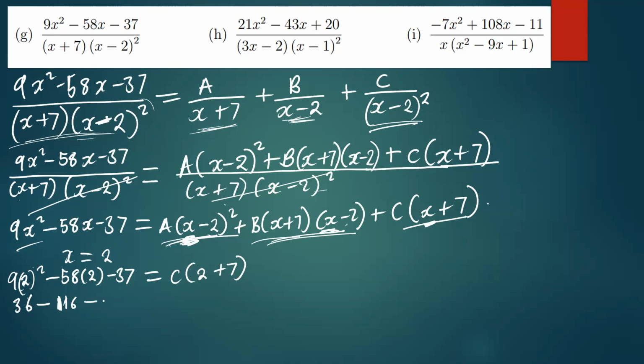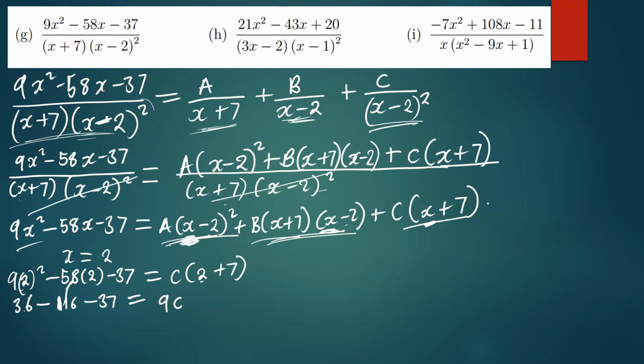Then we have minus 37. Then we say this is equal to 2 plus 7 there, that will give us a 9, then we have a c there. So 36 minus 37, the answer will be -1.